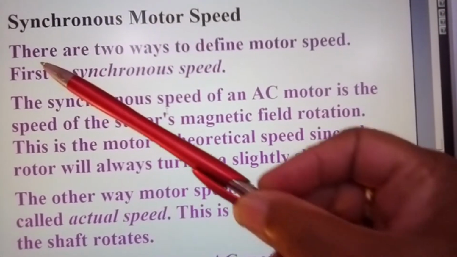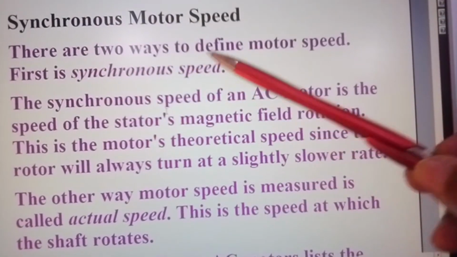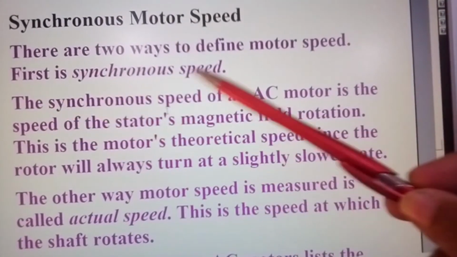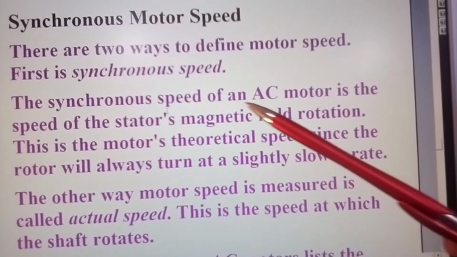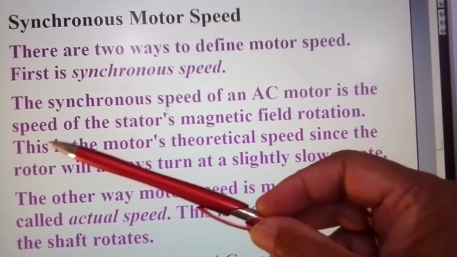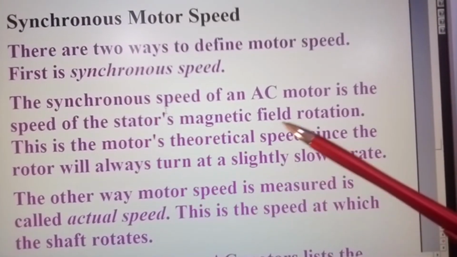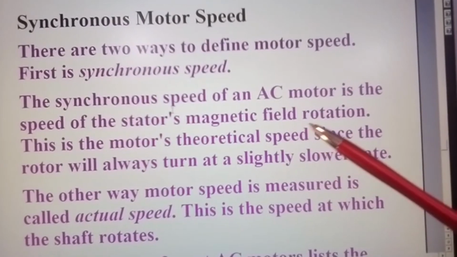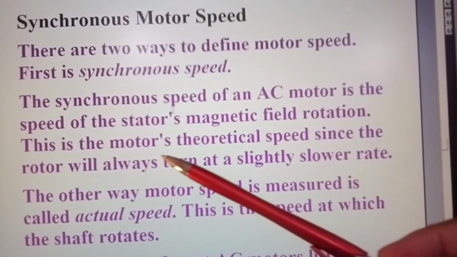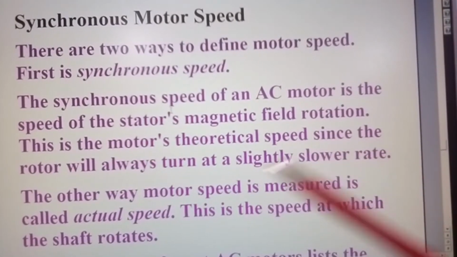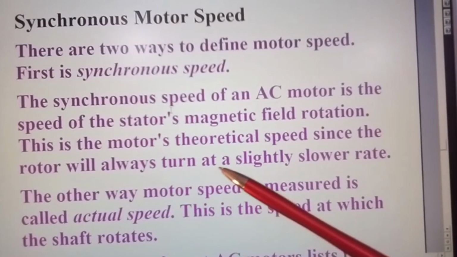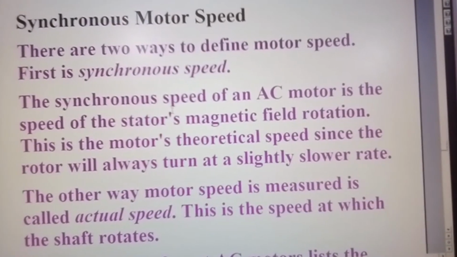Synchronous motor speed. There are two ways to define motor speed. First is synchronous speed. The synchronous speed of an AC motor is the speed of the stator's magnetic field rotation. This is the motor's theoretical speed, since the rotor will always turn at a slightly slower rate.